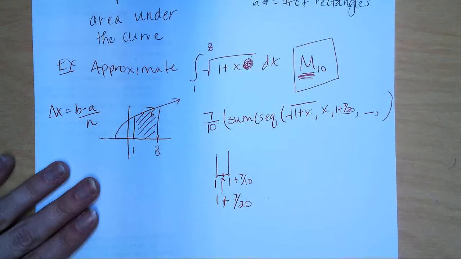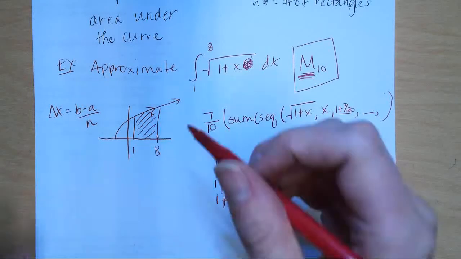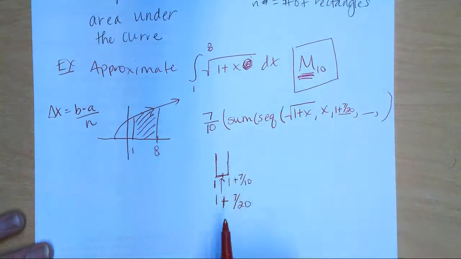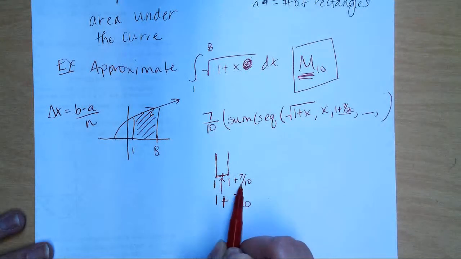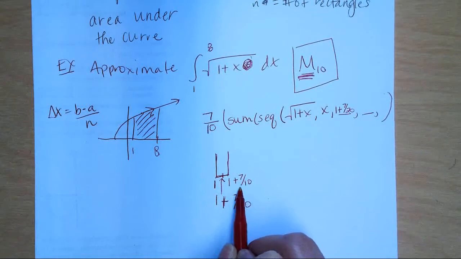Normal is not the right way to ask that question, because yes, if it was a left sum, then you would start at 1. This is the first rectangle, I drew a little sketch. The first rectangle goes from 1 to 1 plus 7/10. If you're doing a left-hand Riemann sum, you start at 1. If you're doing a right-hand Riemann sum, you start at 1 plus 7/10.